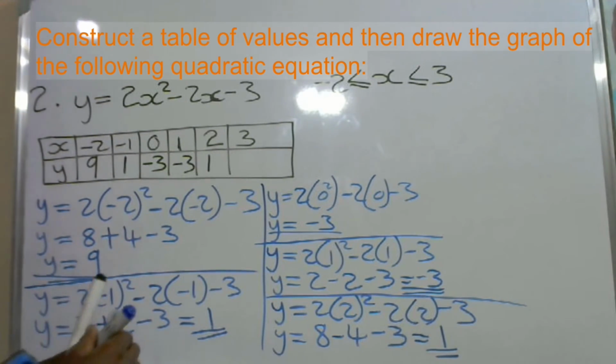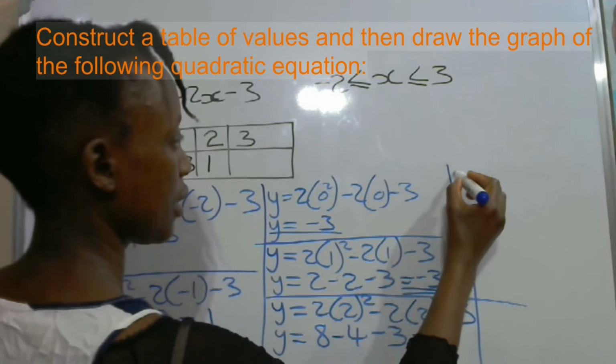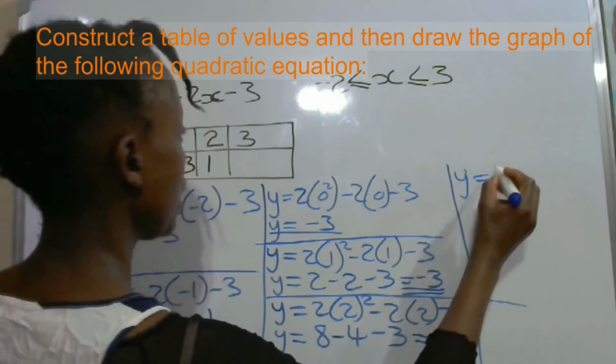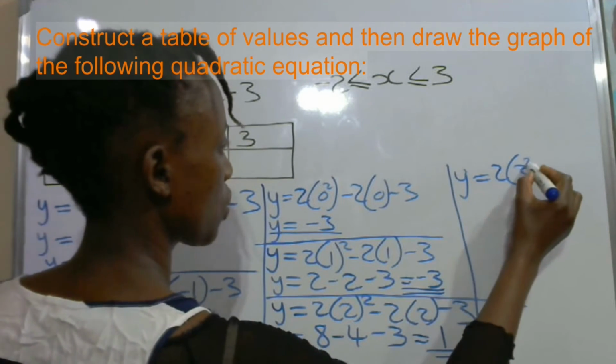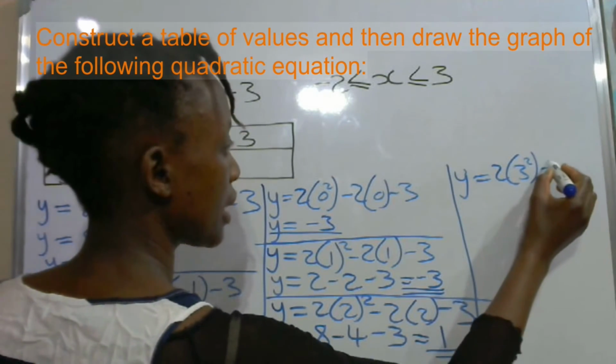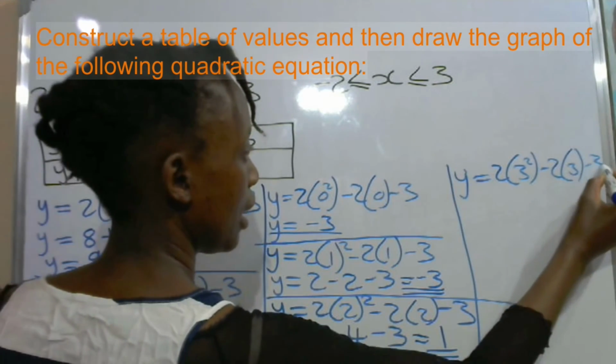Okay, let's look at the last one when our x is 3. So when x is 3, we substitute our 3 there. So 3 squared minus 2 times 3 minus 3.